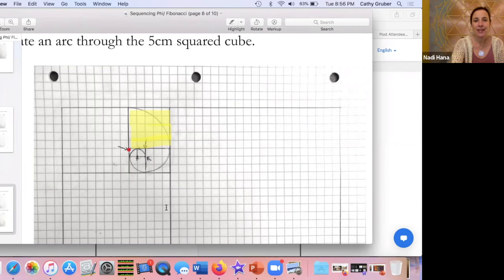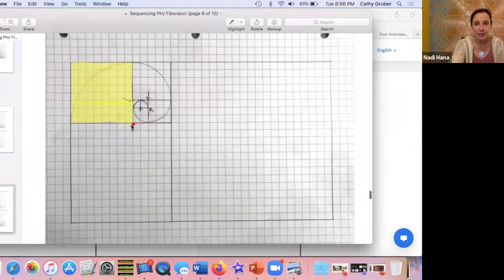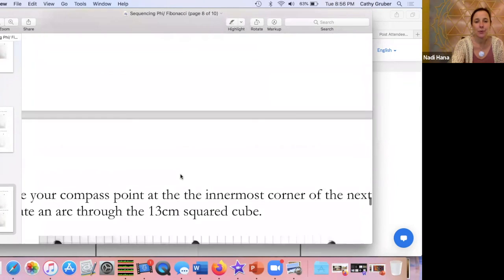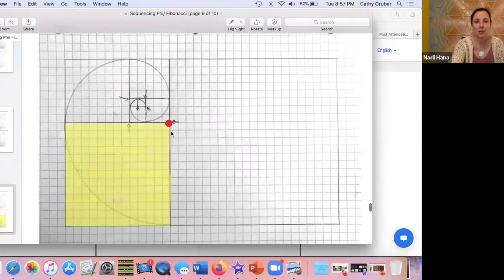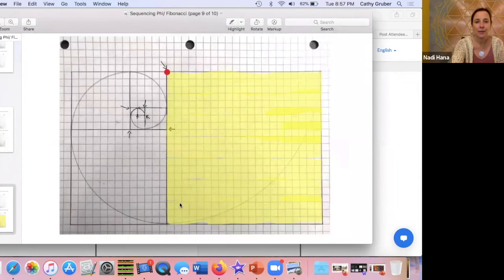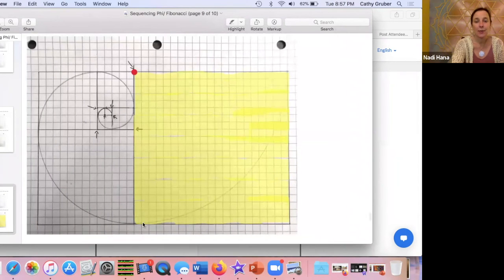And then we're going to move to the next interior point, which is here, continuing the curve from one corner to the next. And then if you're tracking and it's making sense to you, the next point will be here, right? So compass goes at this point, and the arc flows from the top down to the bottom. And then we will shift the compass point up to this top left interior point, and that will finish the spiral for this iteration.